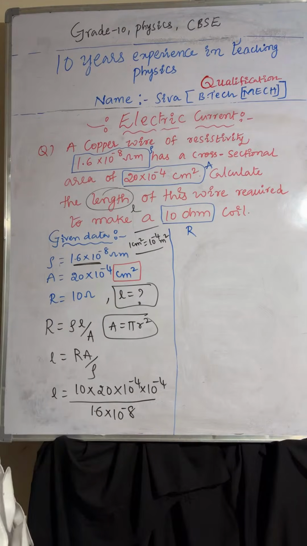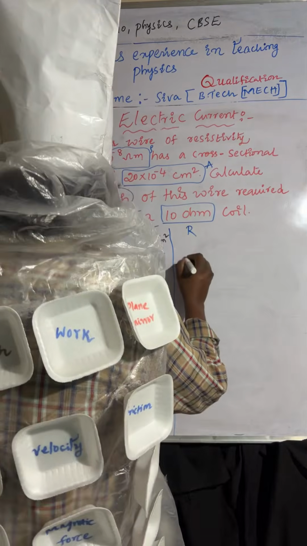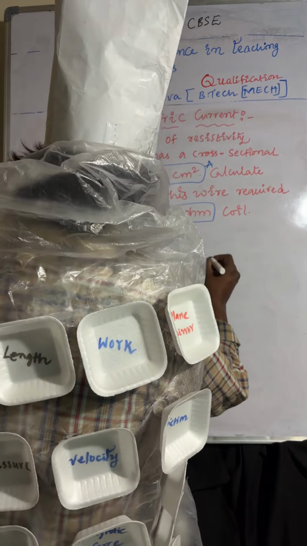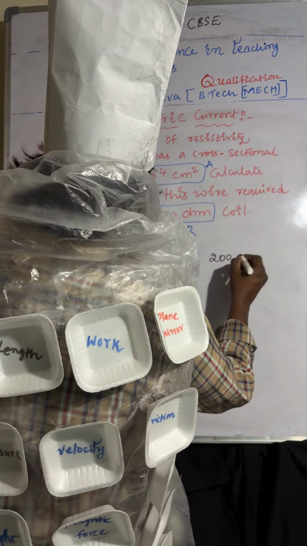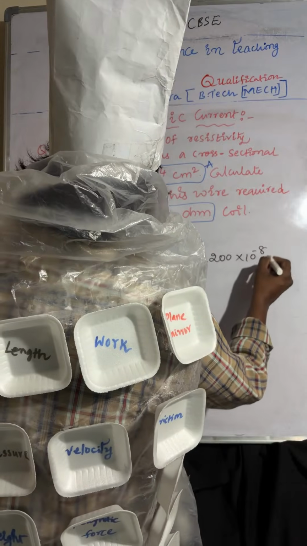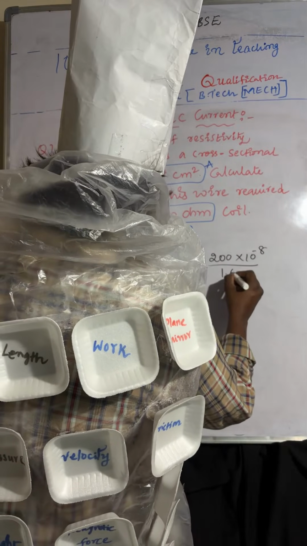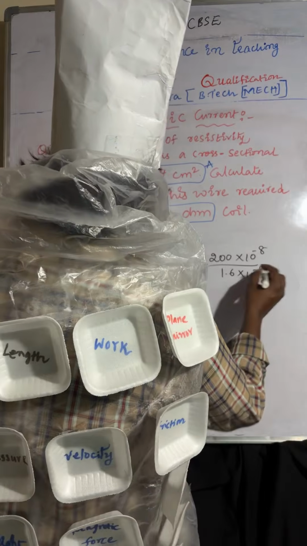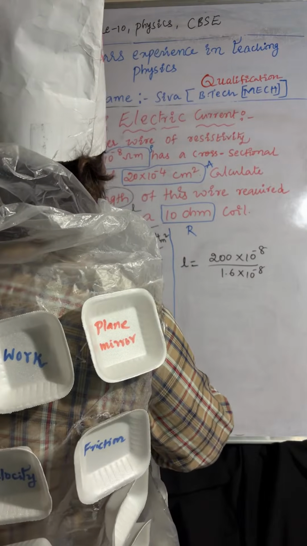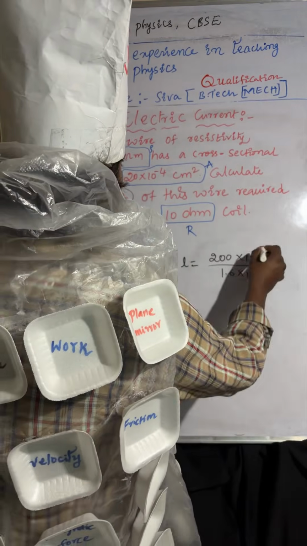So length we are finding, right? L equal to 200 into 10 power minus 8 by 1.6 into 10 power minus 8. Then 10 power minus 8 and 10 power minus 8 get cancelled.